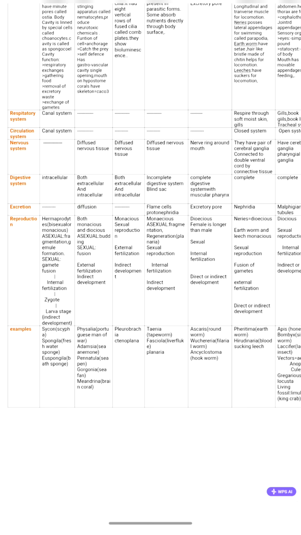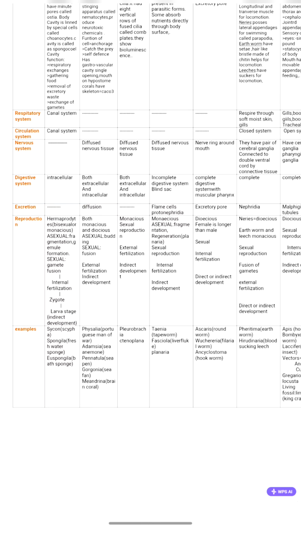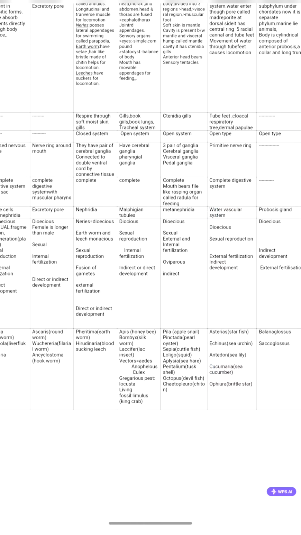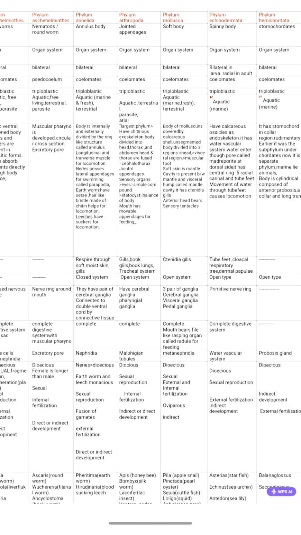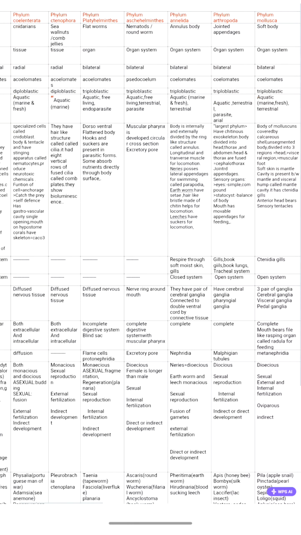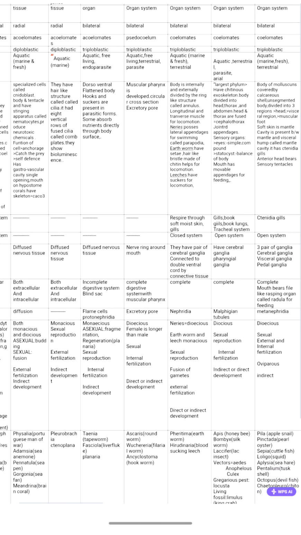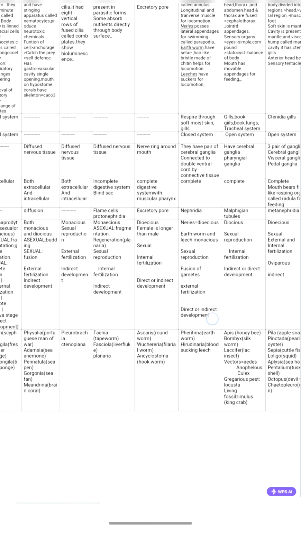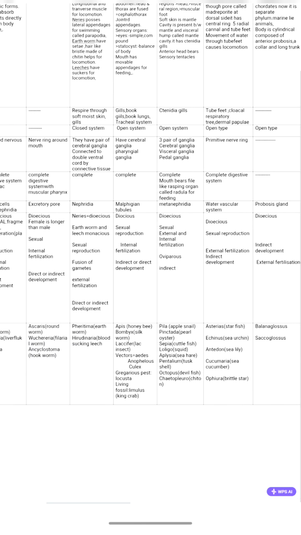Okay, I will tell you one trick to remember. The phyla which start with A, that is ascelminthes, annelida, arthropoda, all these three phyla have direct or indirect development.